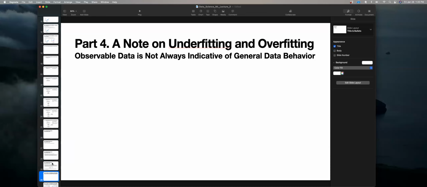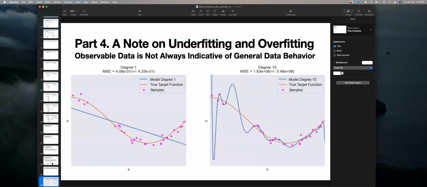Okay, so next up, we should probably make a note about underfitting and overfitting. I think the best way to illustrate this concept is with a graph that I generated using Python, and I'll provide the code for this in the description of this video and on Canvas for you guys to play around with.